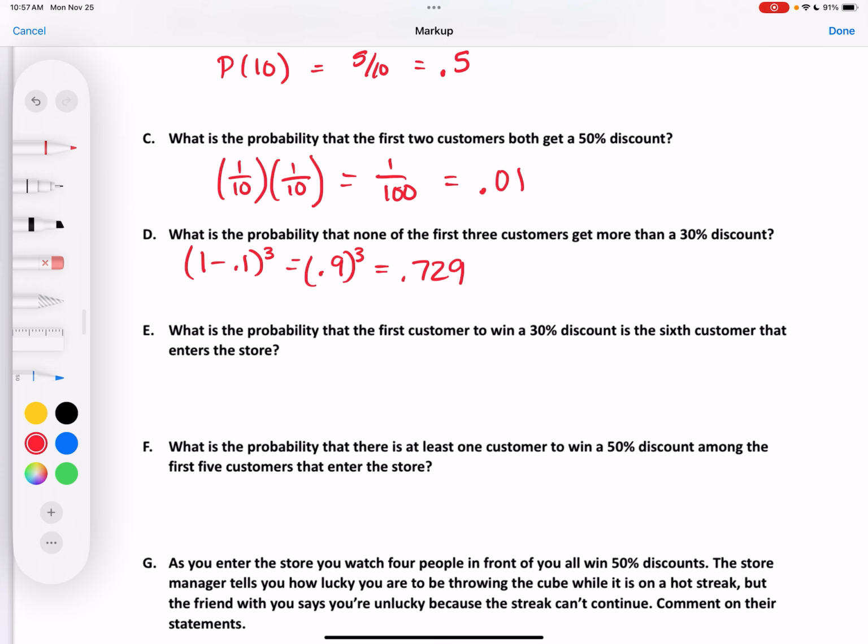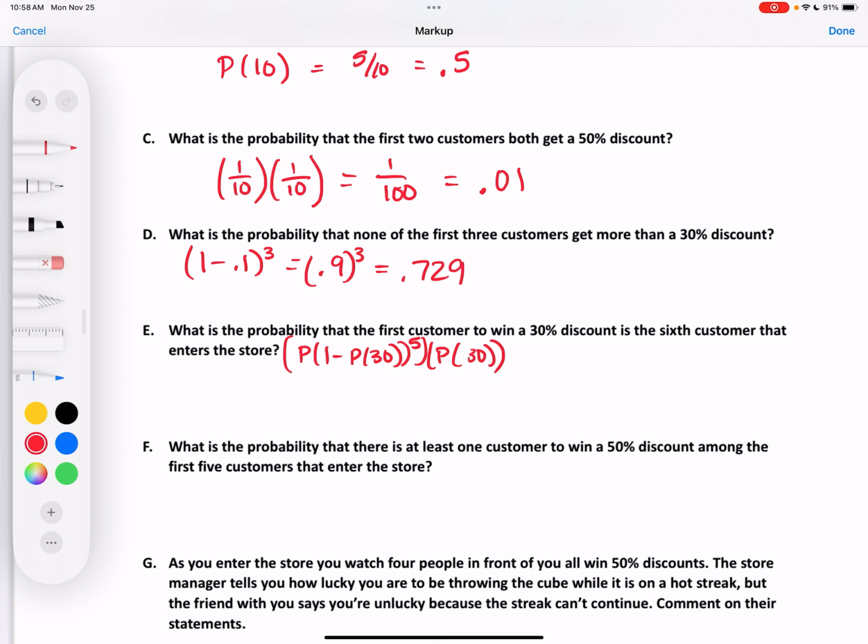Yep. So essentially, we're going to have 1 minus the probability of getting a 30% raised to the 5th, then multiply that by the probability of getting a 30 after that.